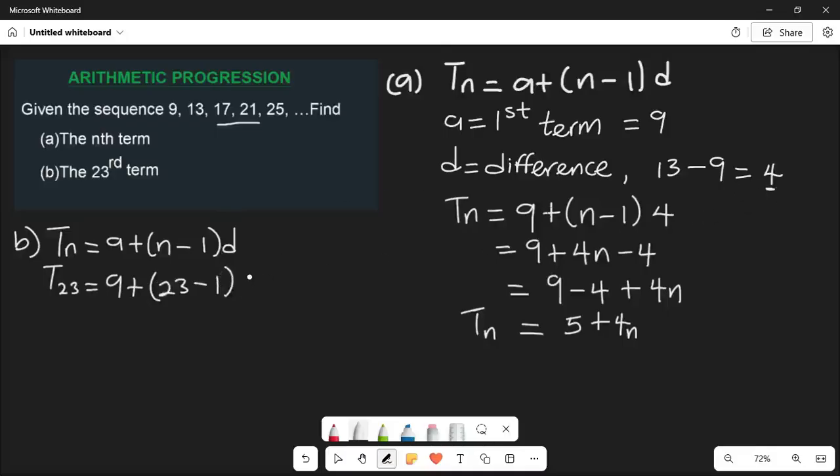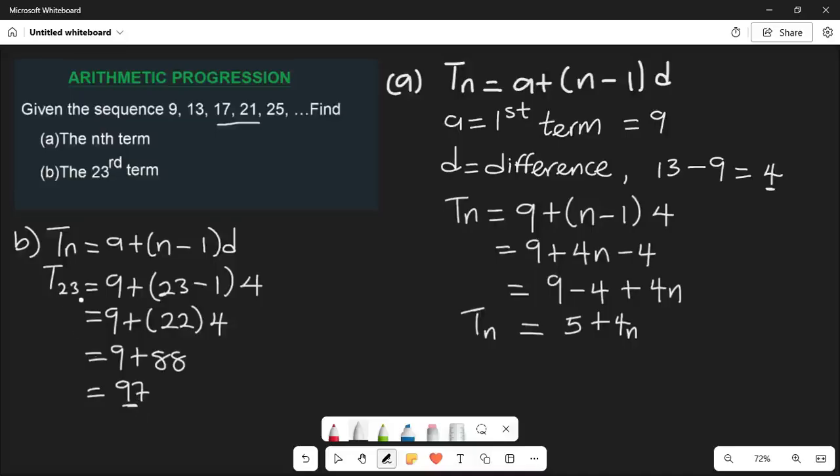So we have 9 plus bracket 22, that's 23 minus 1, 22 bracket 4. That is equal to 9 plus 22 times 4, which will give us 88, and that is going to give us 97. So we have 97, and that is the 23rd term.